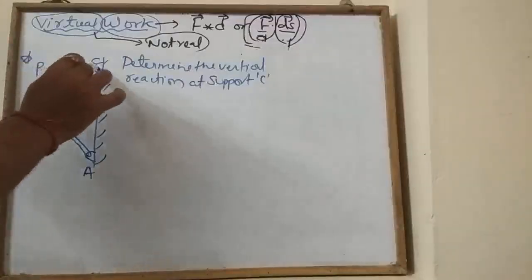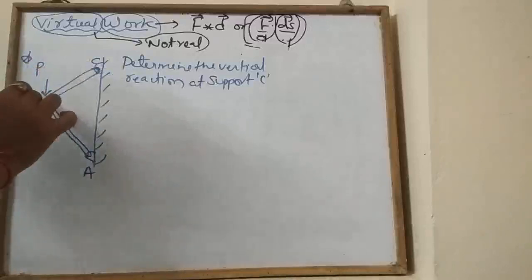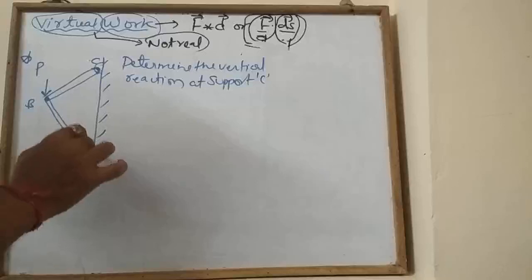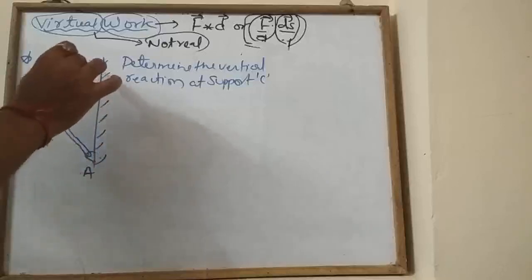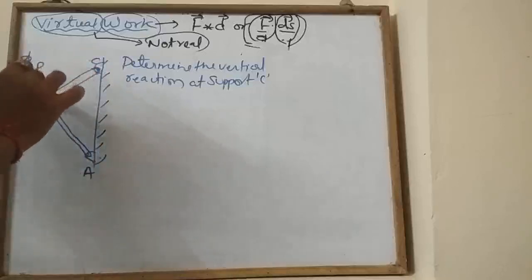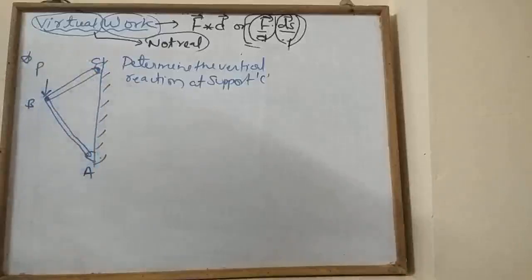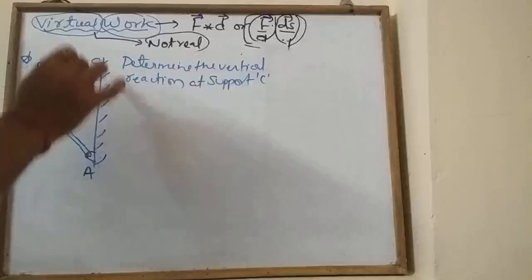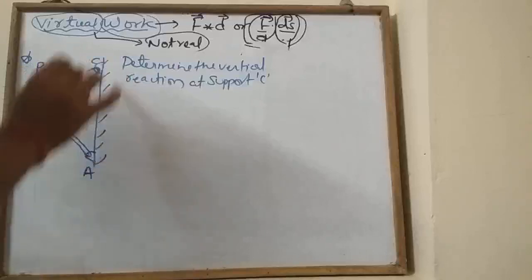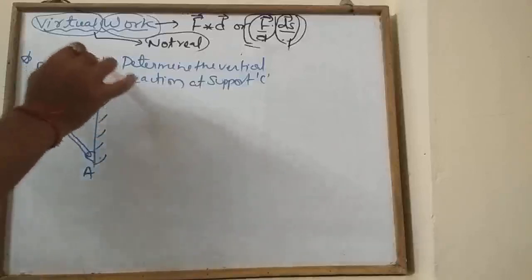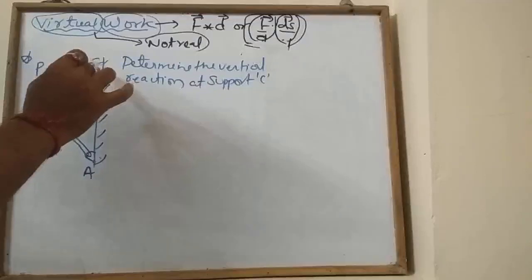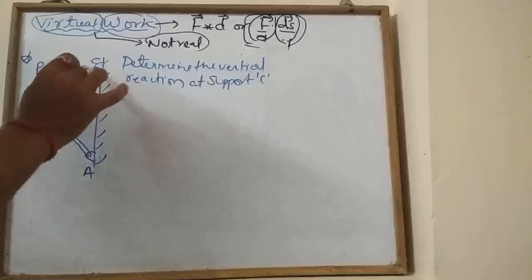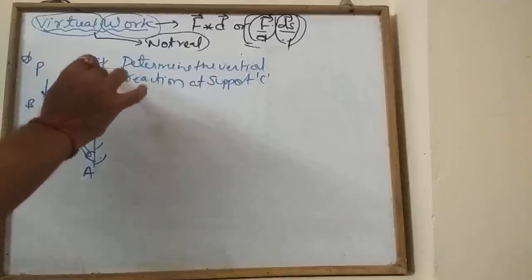Now this is hinged, this is hinged, this is also hinged. These are the two supports. Under the application of load, if any of the degrees of freedom is released from these supports A or C, since C is our focus, then it has a tendency to move this side or this side.